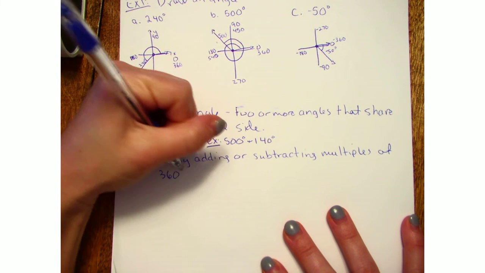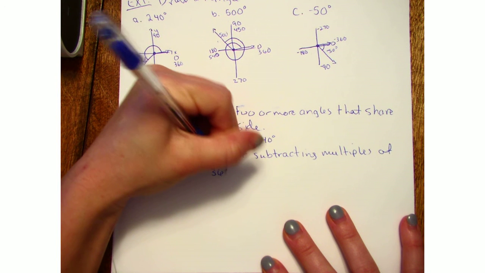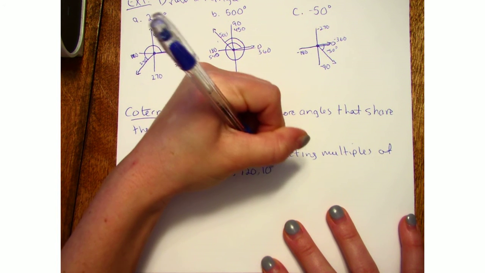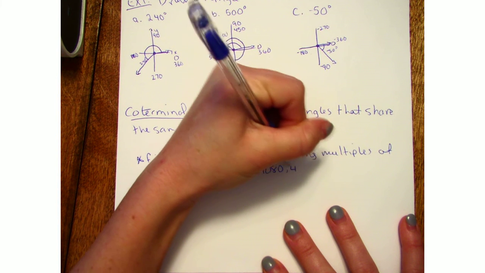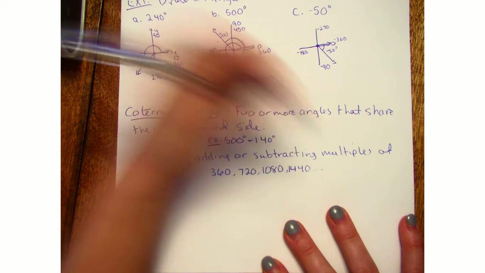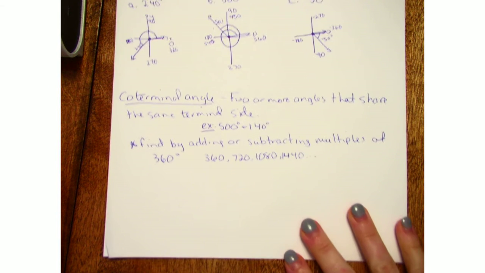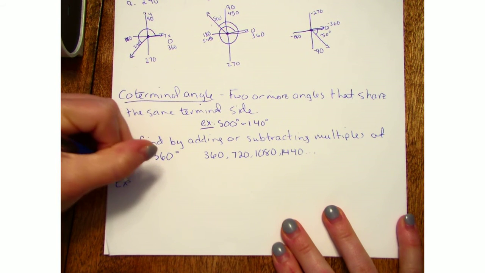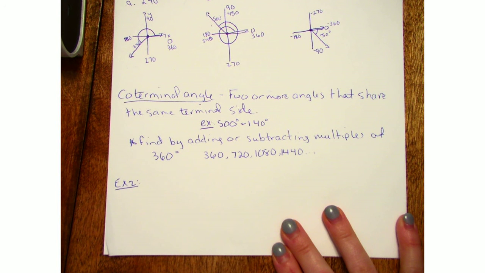So multiples of 360 would be 360, 720, 1080, 1440, and that's probably about all that you need. So let's go through some examples to kind of show you what I mean by that.